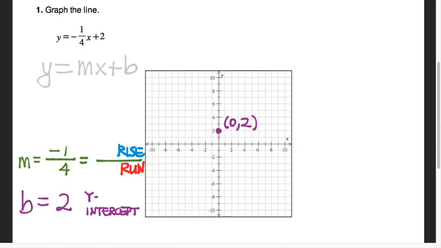What's the negative 1 telling me to do? Go 1 unit in which direction? Since it's a rise, it's a vertical direction. Since it's negative, that means go down, right? So how I would interpret this is go down 1. So over here on my picture, I'll go down by 1 from my y-intercept. And then what about this 4 in the denominator? What's that telling me to do?